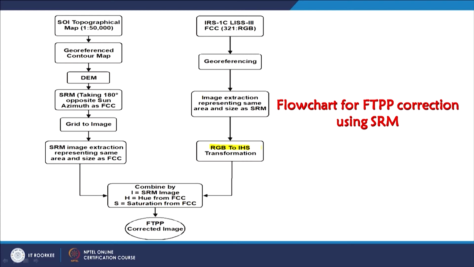What is done in the next step is that the intensity image is replaced by the SRM, which has the opposite sun azimuth as compared to the FCC.